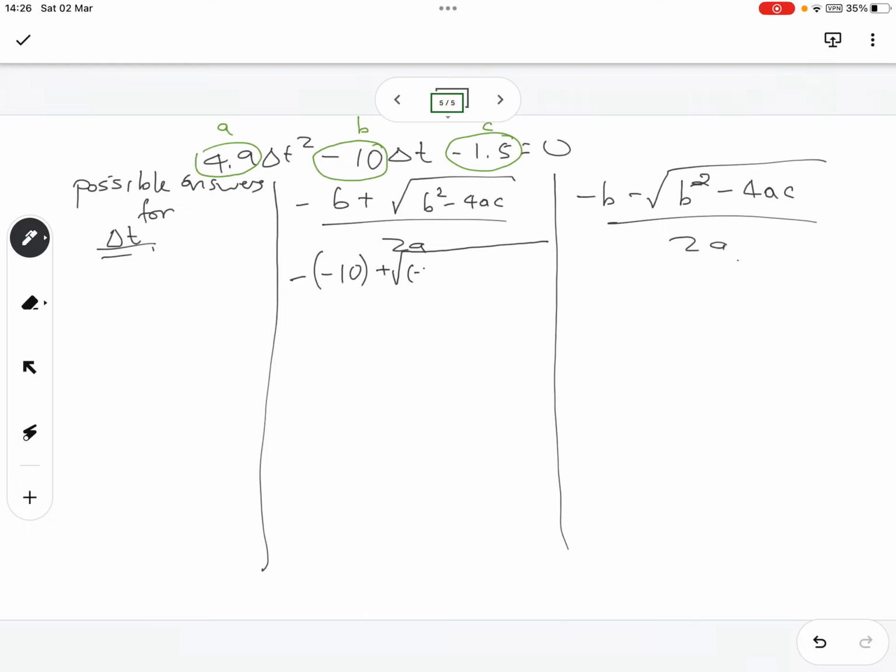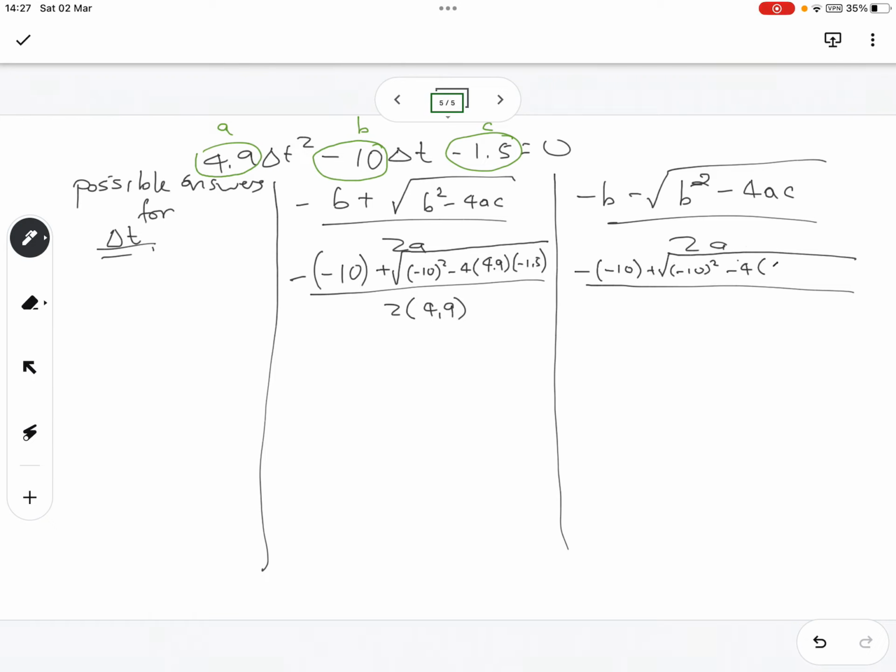So if we take negative b, that's negative times negative 10, plus the square root of b squared, negative 10 squared, minus 4, a is 4.9, and c is 1.5. All of this is over 2 times 4.9. On the other side, we've got negative into negative 10 minus the square root of negative 10 squared minus 4 into 4.9 times negative 1.5.